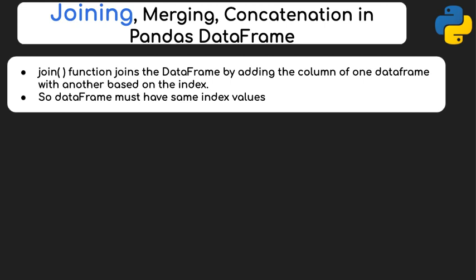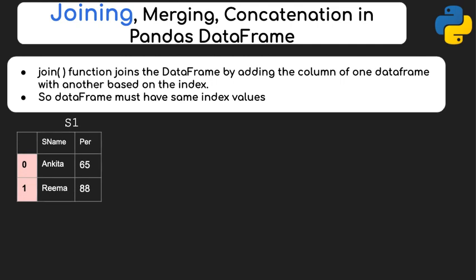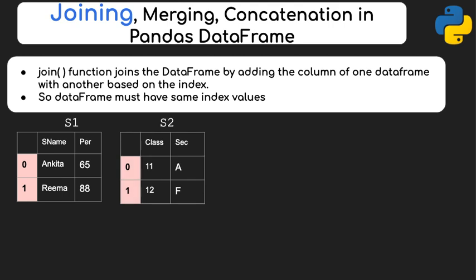If we have to join two data frames, we are supposed to use the join function. The criteria on the basis of which it joins is actually the index value. If the index value is the same, it will be able to join. Just for an example, if the first table given to us is S1 and the second table is S2, a similar example was taken by me, and you just have to use a simple print command.